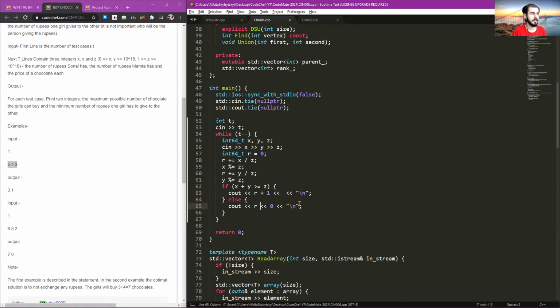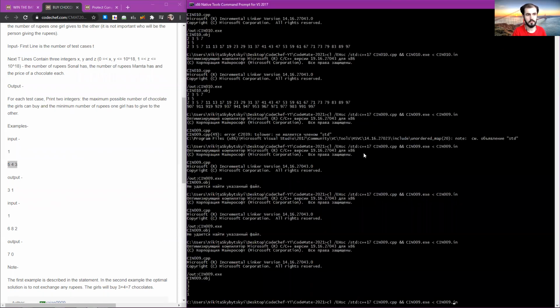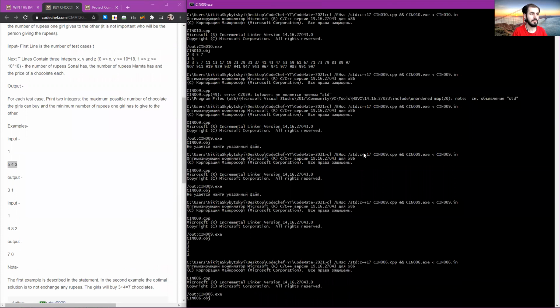Here the answer is R. And here the answer is the minimum of these two. We should get 3170.